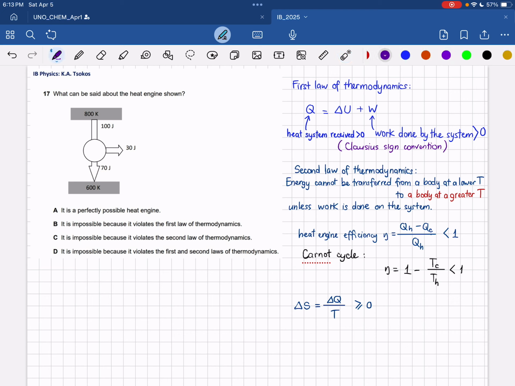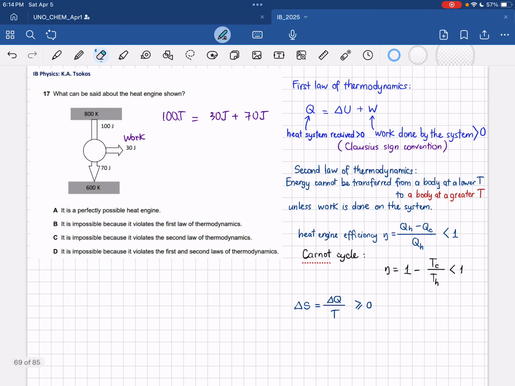So 100 joule is the total input, and then 30 joule is the work done, and this is the wasted energy to the cold reservoir. So they equal each other, right? So energy is conserved in this case. So it doesn't violate the first law of thermodynamics.